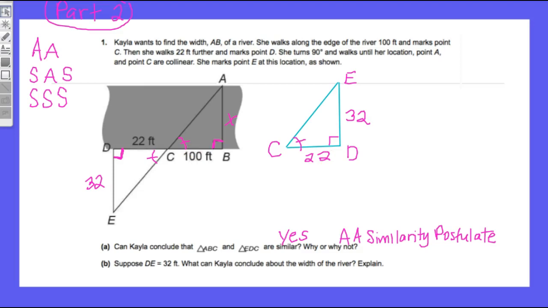Type that in. What are some proportions? There's different ways to write them out as long as you're being careful to match everything up. What are some proportions you're thinking? And then you guys can write that down. You can grab the whiteboard tools and write it up on the whiteboard too if you want.